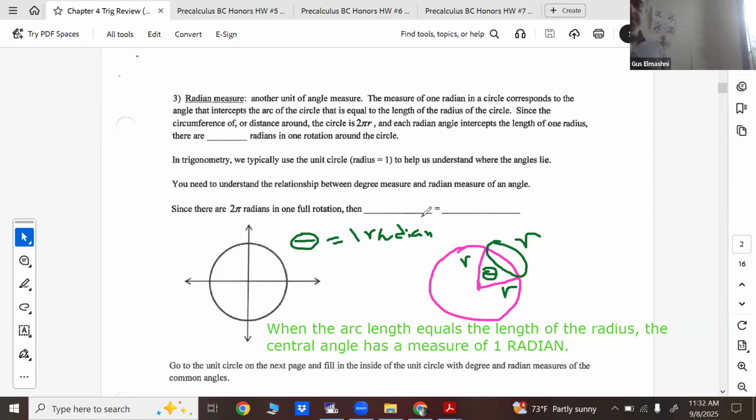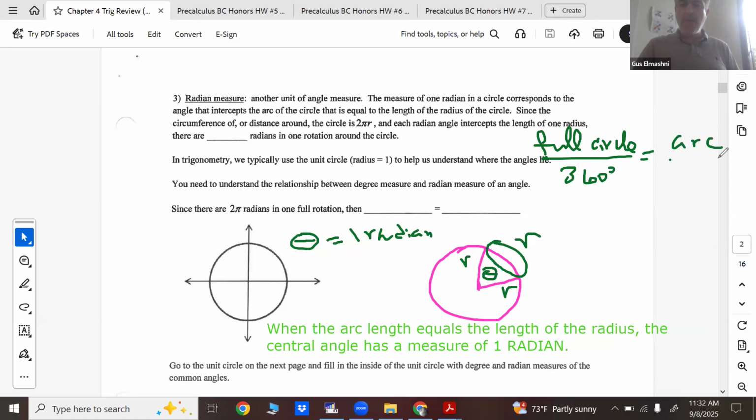So if I compare the full circle to 360 degrees and the arc to 1 radian, would you agree those ratios have to be the same? Yeah, that makes sense.